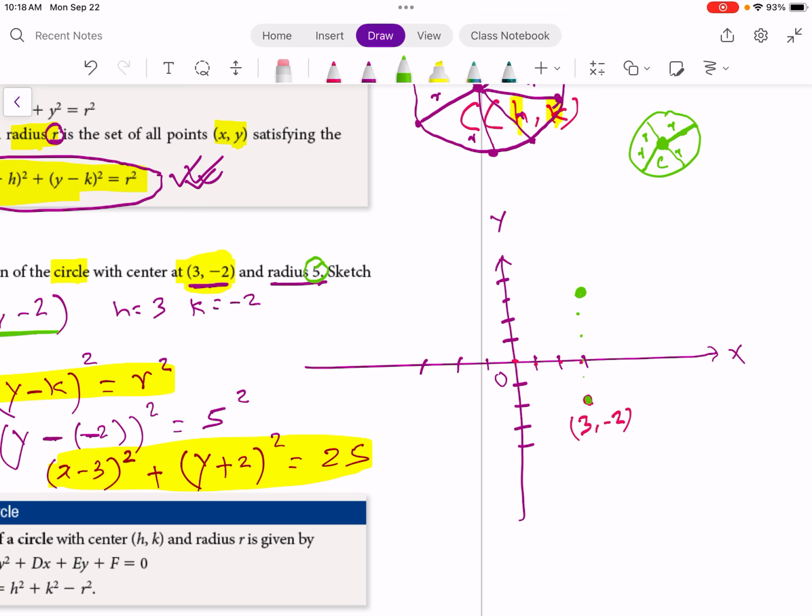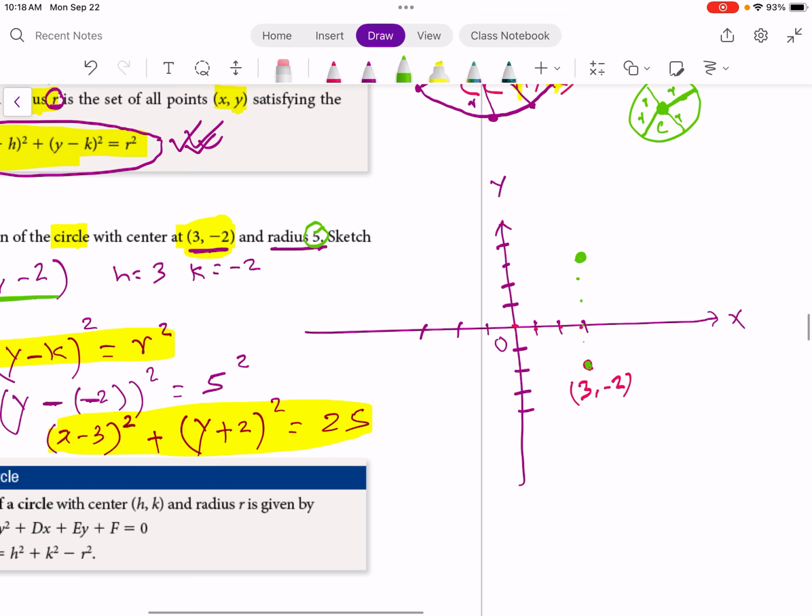Let's go 5 units on the right, left, and down. 1 2 3 4 5, so this is one point, 1 2, 3 4 5, we have one more point here, 1 2 3 4 5, then we have one more point here. So you find at least 4 more points, which are at a distance of radius.